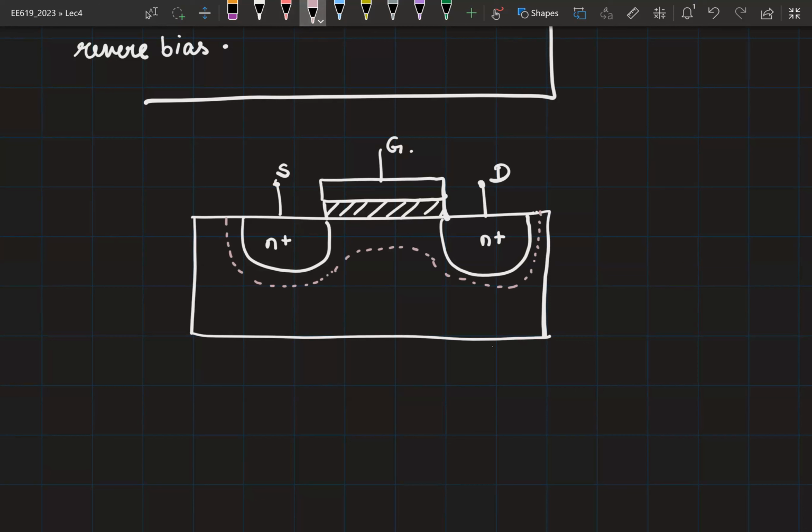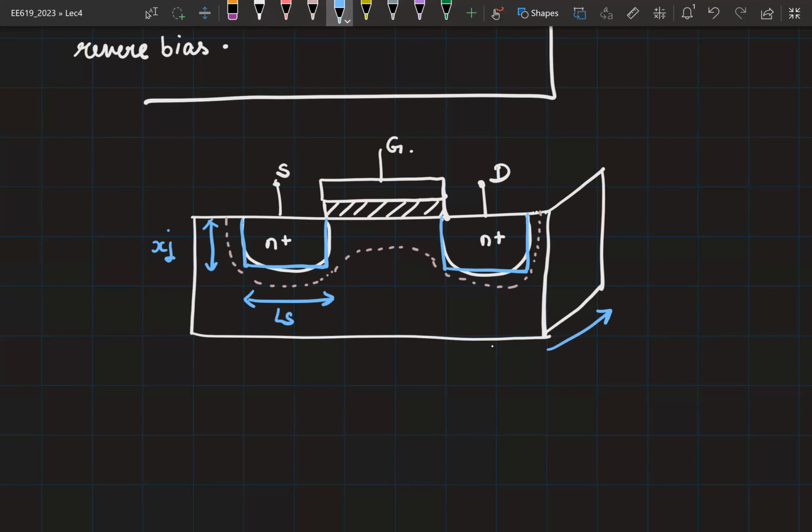Now let me mark all the dimensions. First, we will assume that this is rectangular in shape. Now let's say the depth is given by xj and this is given by ls. As before, the dimension into the depth of the slide is W.